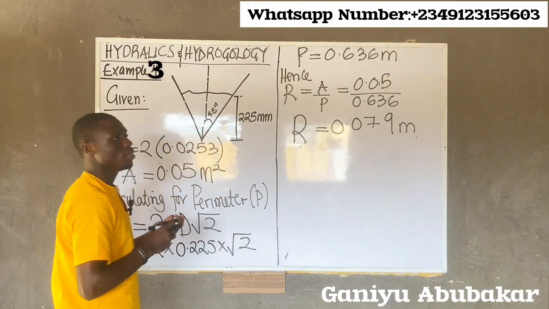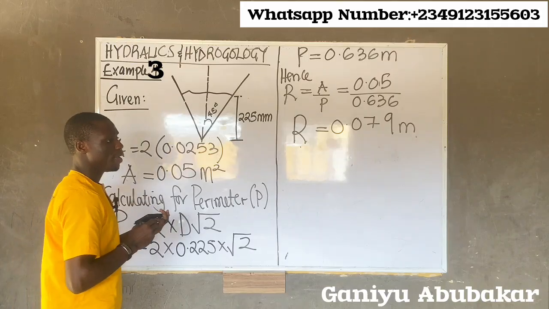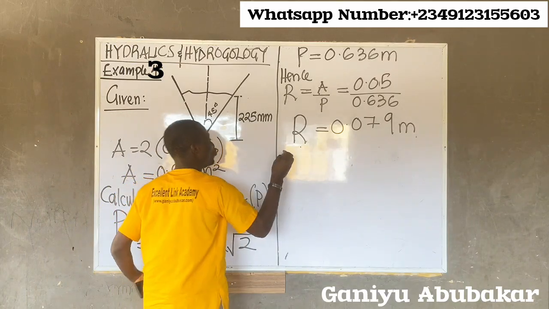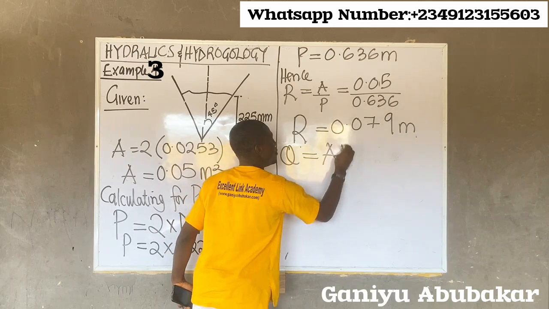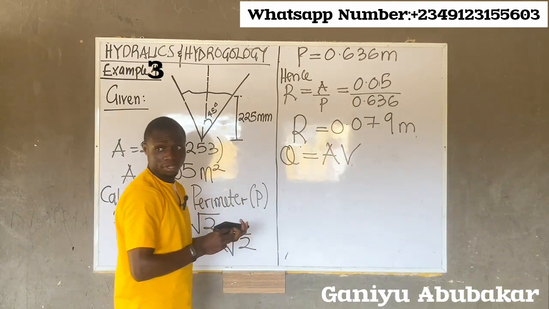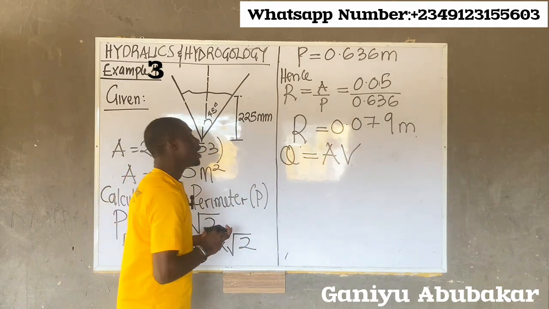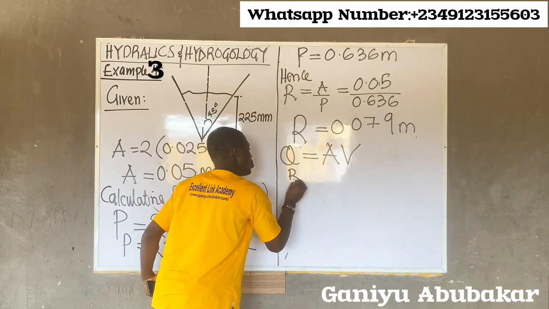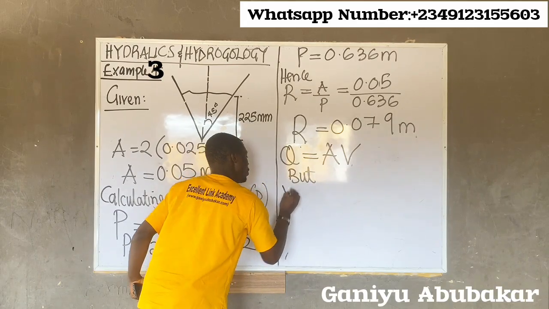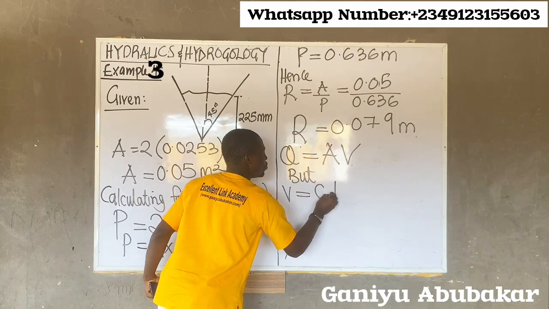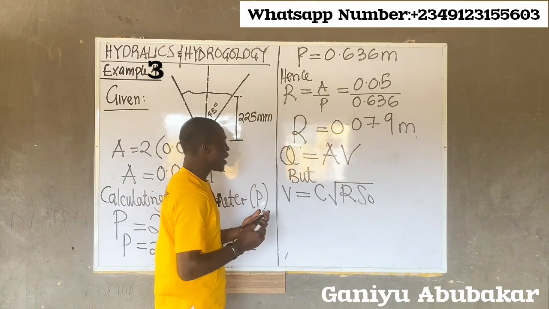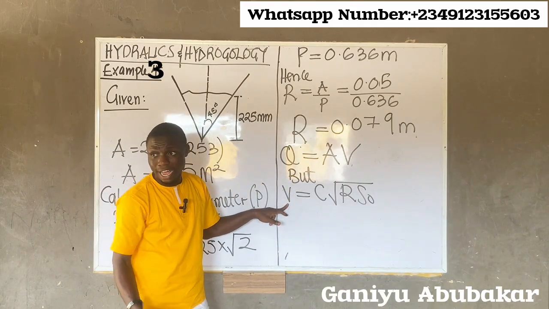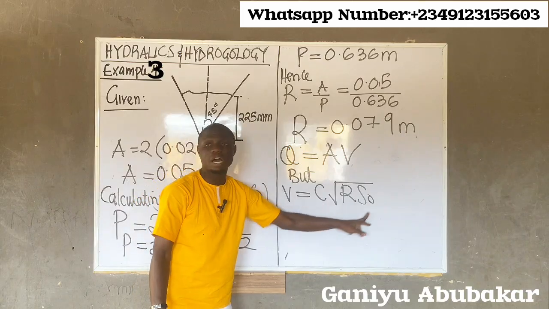Perhaps I can do it this way. What do we know? We know that Q is equal to AV, the discharge. We also said that V is equal to C root R S naught. Now, anywhere I see V, I can put C root R S naught.